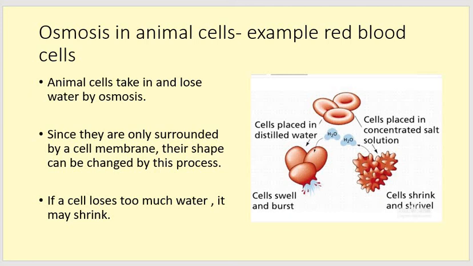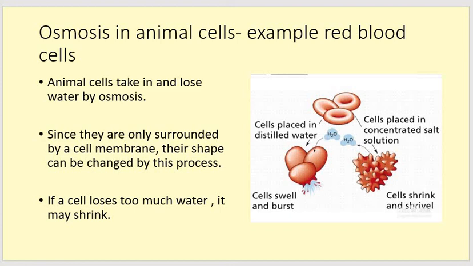And your red blood cells are cells, obviously, so therefore they are able to take part in the process of osmosis. Normally, a red blood cell is biconcave. That means both the sides curve in towards the centre, and that gives it an increased surface area, and that is what they look like when they are in balance.